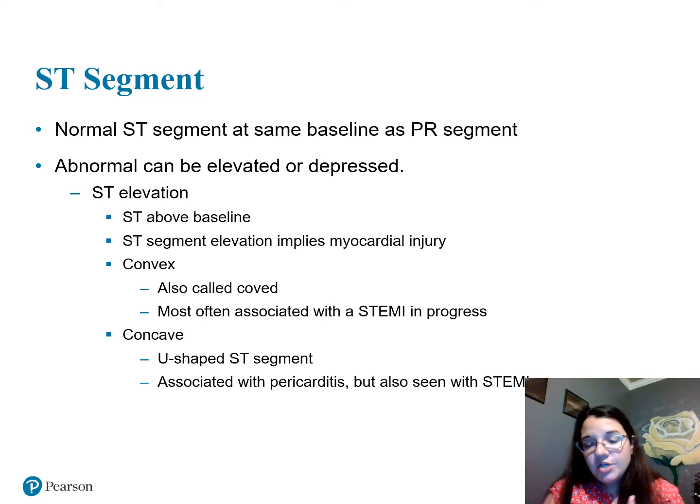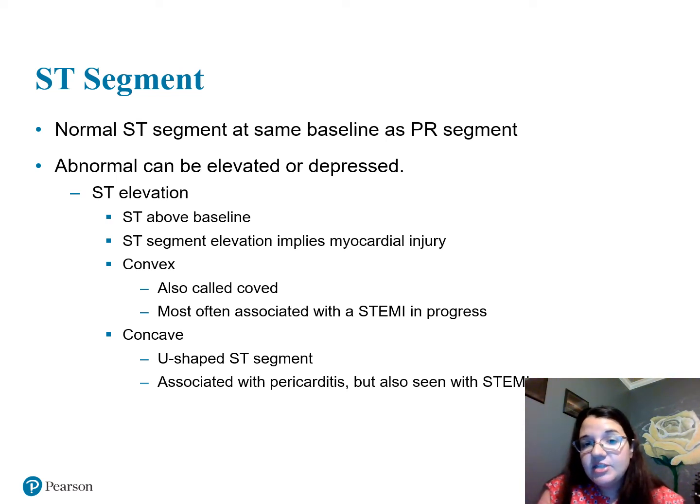A way of telling this is if you take a piece of paper and put it up to the baseline, and you make sure that your baseline, your ST segment, and your PR segment are all on the same line. If somebody is elevated, then that's when we're going to notice the change. Abnormal can be elevated or depressed.